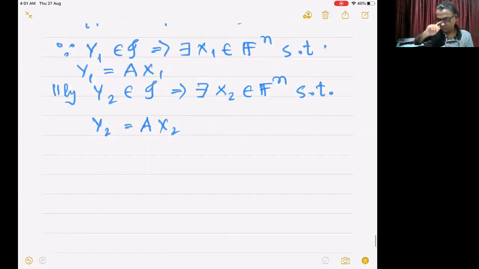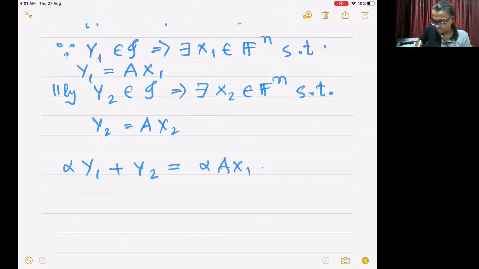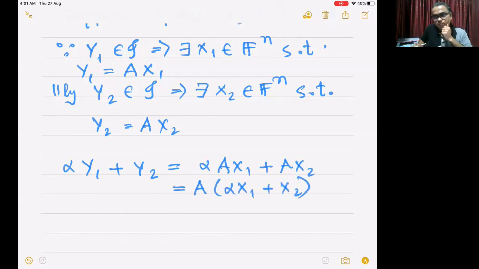Okay, so now I look at alpha y1 plus y2. That must be equal to alpha Ax1 plus Ax2. Once again, this is nothing but A into alpha x1 plus x2 by the matrix multiplication rule, right? But see, what form is this?